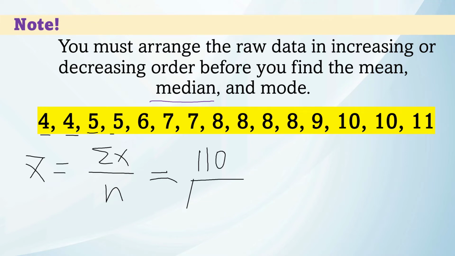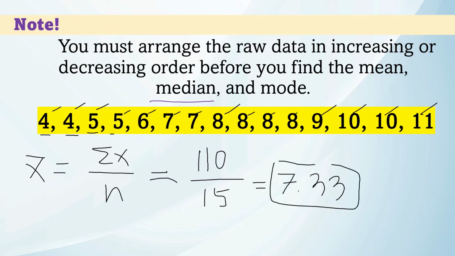And divide by how many scores there are: 1, 2, 3, 4, 5, 6, 7, 8, 9, 10, 11, 12, 13, 14, 15. So our N is 15. Now, let's divide 110 by 15 to get the mean. 110 divided by 15 is 7.333, so 7.33. This is now the mean given this data. So did you get it?